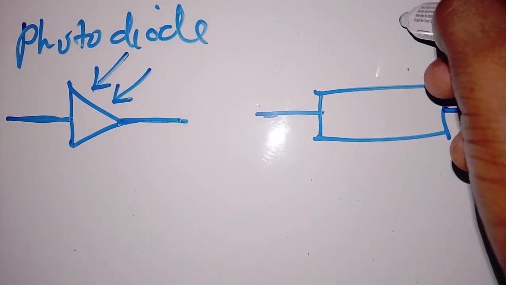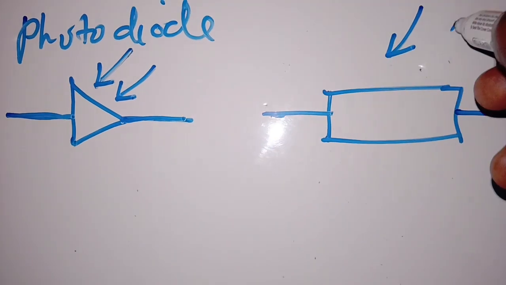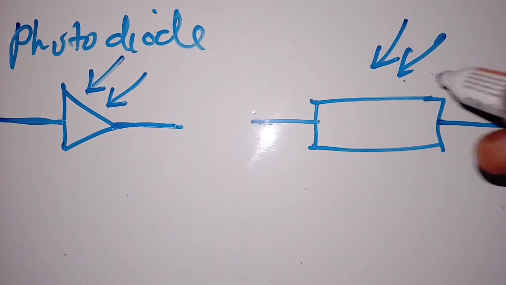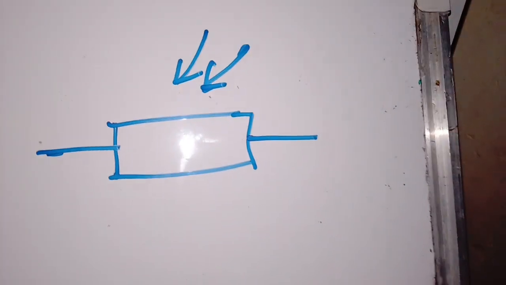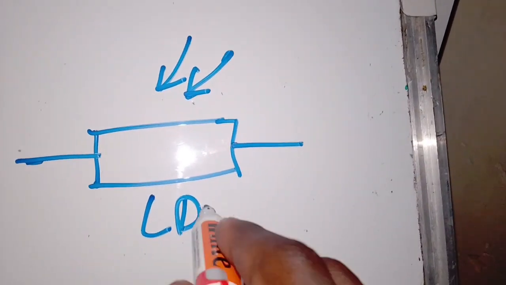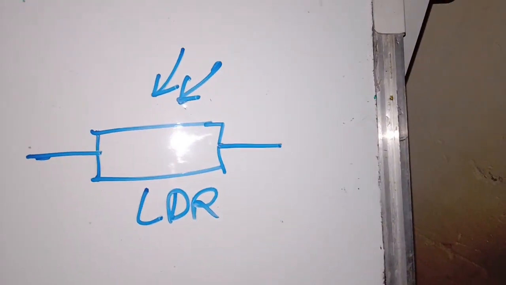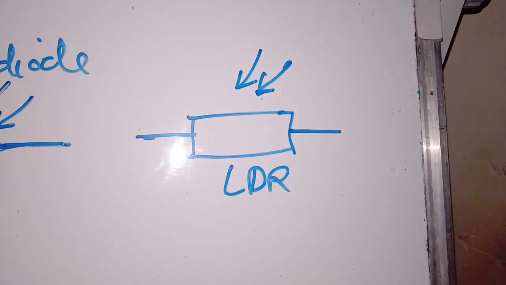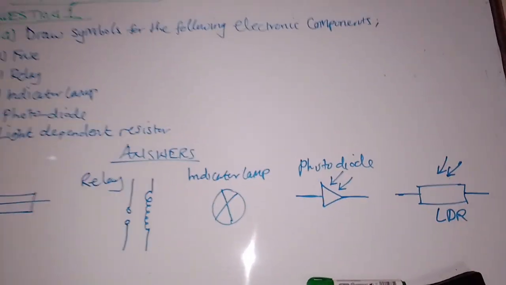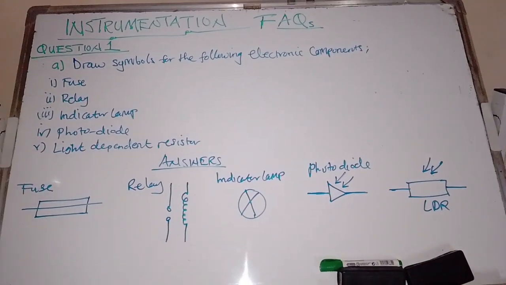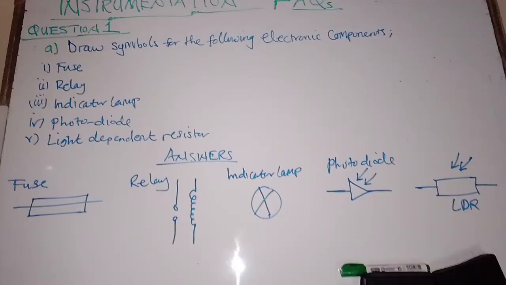And then you have some arrows as rays. So this is the light dependent resistor. This is how you answer these questions. Let's look at other questions.